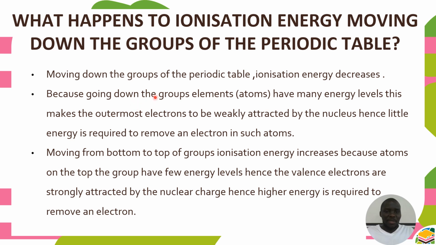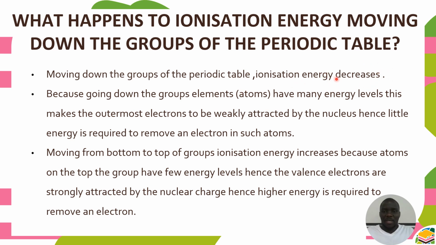This makes the atoms going down the group have more energy levels and an increased atomic radius. So we'll use the same knowledge as we explained for atomic radius. Moving down the groups of the periodic table, ionization energy decreases.